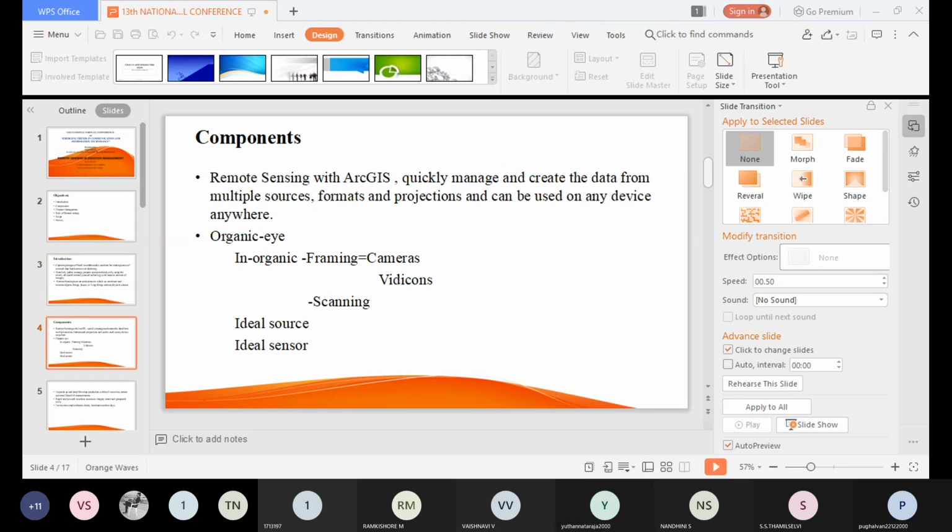So the components in remote sensing. While we capture images of the earth using the satellite, we can analyze those images through various methods. One example is ArcGIS, which is a software used to analyze images of the Earth.